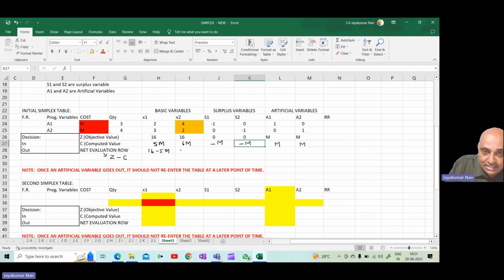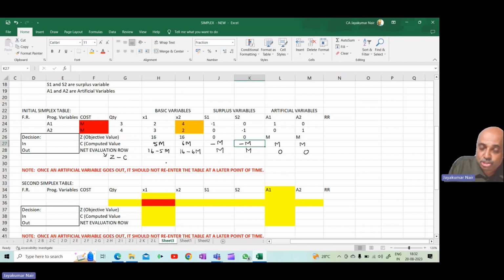And here it is 16 minus 6M, and 0 minus minus M, because you are subtracting, it will become plus M. This is 0 minus M, because you're subtracting, you have to change the sign, so it will become M. M minus M will give you 0 and M minus M is equal to 0. Now we have got 16 minus 5M, 16 minus 6M, M, 0 and 0.